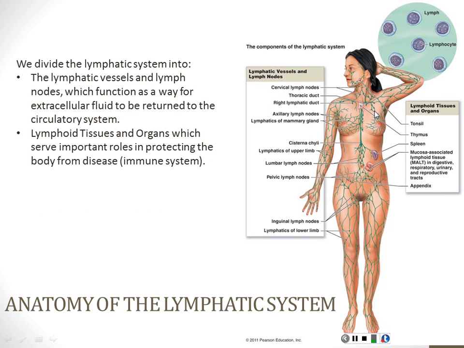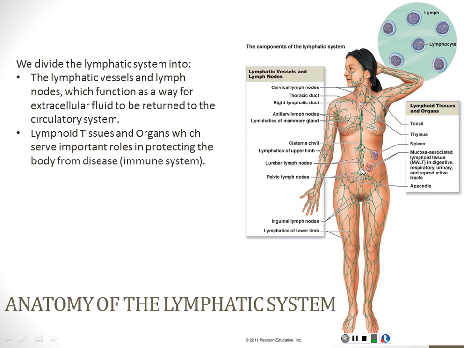They're clustered, though. So you have a cluster of lymph nodes here where the leg meets the trunk. You have a cluster of lymph nodes here where the arm meets the trunk. Where the head meets the trunk, you've got a string of lymph nodes there. Down the center, between the lungs, you have a set of lymph nodes there.